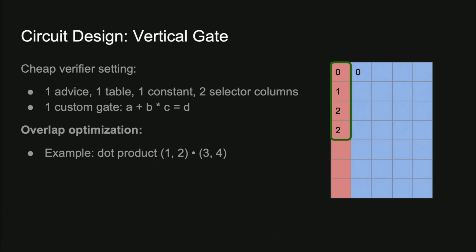One thing that we actually do a lot in our circuits is computing dot products of 2 vectors. So here, let's say we want to take a dot product of 1, 3 and 2, 4.